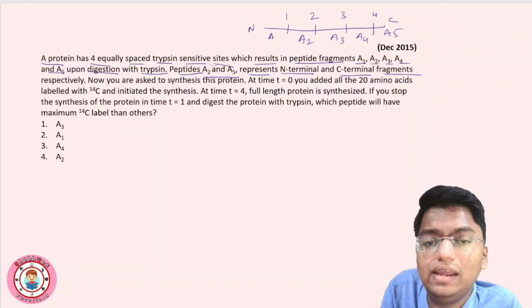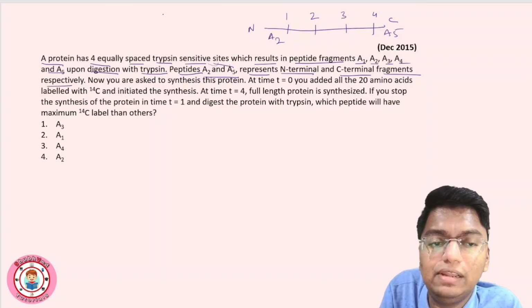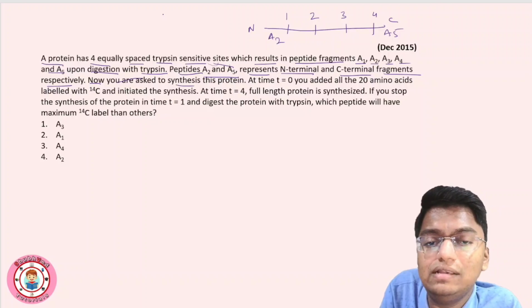So ये A2 है, okay, A2 है जो N-terminal है and A5 is C-terminal. तो बीच के जो units हैं हमें पता नहीं है, right? Important, इसी से question solve हो जाएगा. I will show you how, respectively. Now you are asked to synthesize this protein.